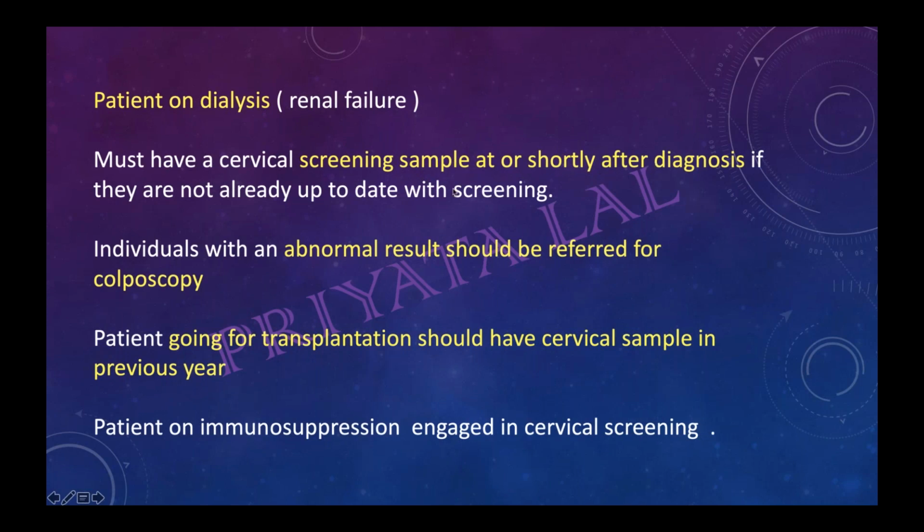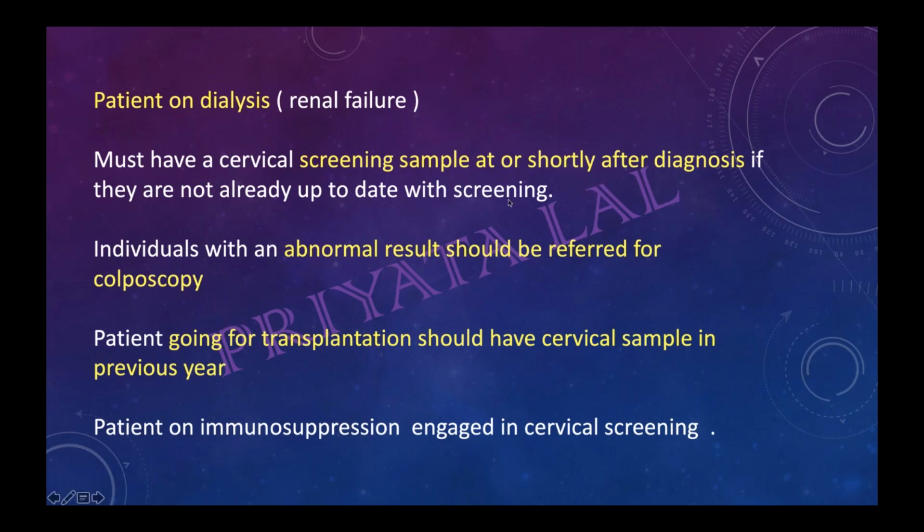If this patient is not up to date with screening, you can get a question: this patient was not following the screening schedule, now has renal failure and has come on dialysis. The answer would be you have to arrange a cervical screening sample at the diagnosis, or even shortly after it.